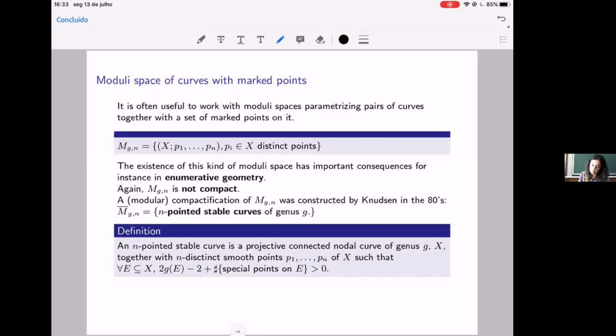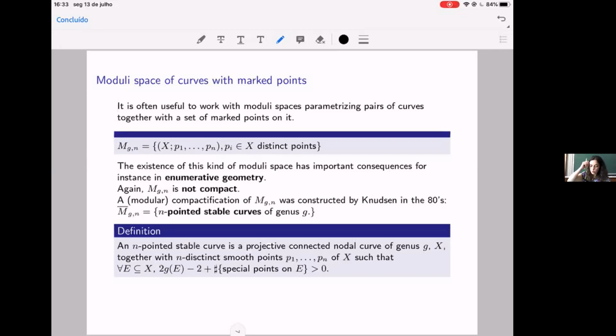For instance, this is important in enumerative geometry. You could imagine that you would like to have a parameter space where not only you parameterize certain classes of objects, but also you want to deal with situations where you have points varying continuously, and you want to understand the geometry of all of these.